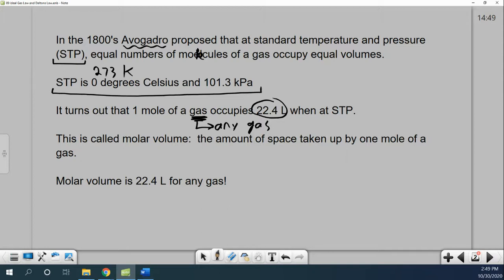And for ideal gases, 1 mole occupies 22.4 liters. Now, we call that amount the molar volume. It is the volume that 1 mole takes up, so the amount of space taken up by 1 mole of a gas, and the molar volume is always 22.4 liters. Circle it, square it, highlight it, underline it. This is an important number. If I say you've got a mole of gas, you know what the volume is now.